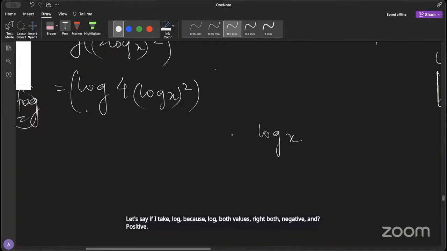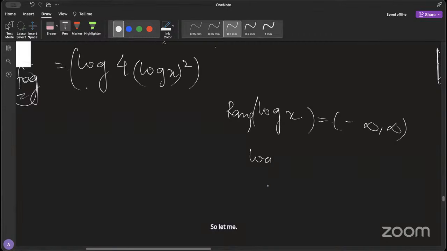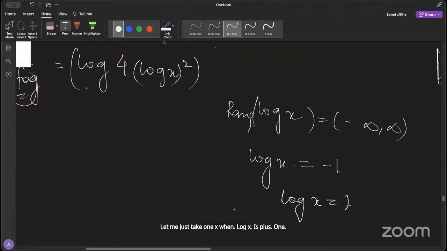What's the range of log x? It's minus infinity to infinity. That means it can take all values. So let me take one x where log x value is -1, and let me take another x when log x is +1, right? I can find such x, because the range of log of x is minus infinity to infinity. That means -1 and 1 both are in the range of log of x.